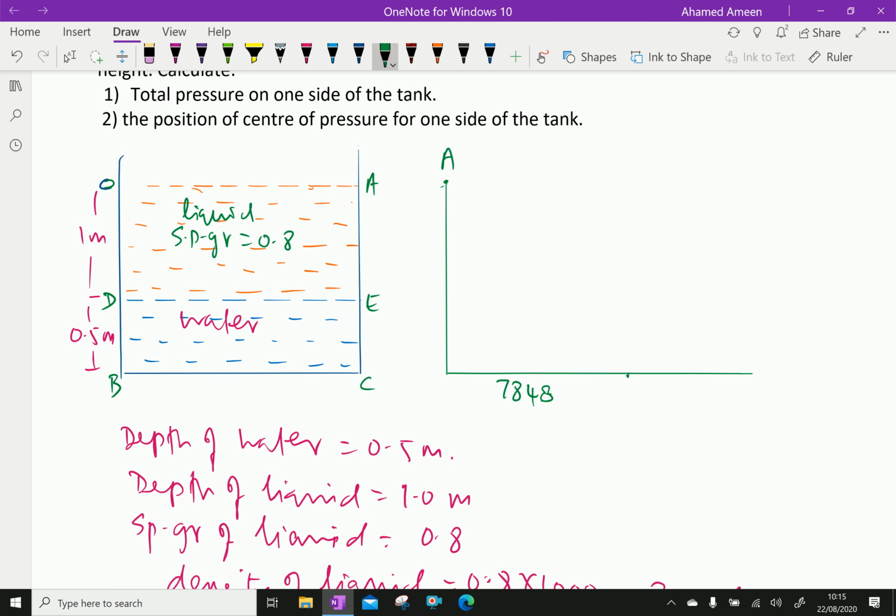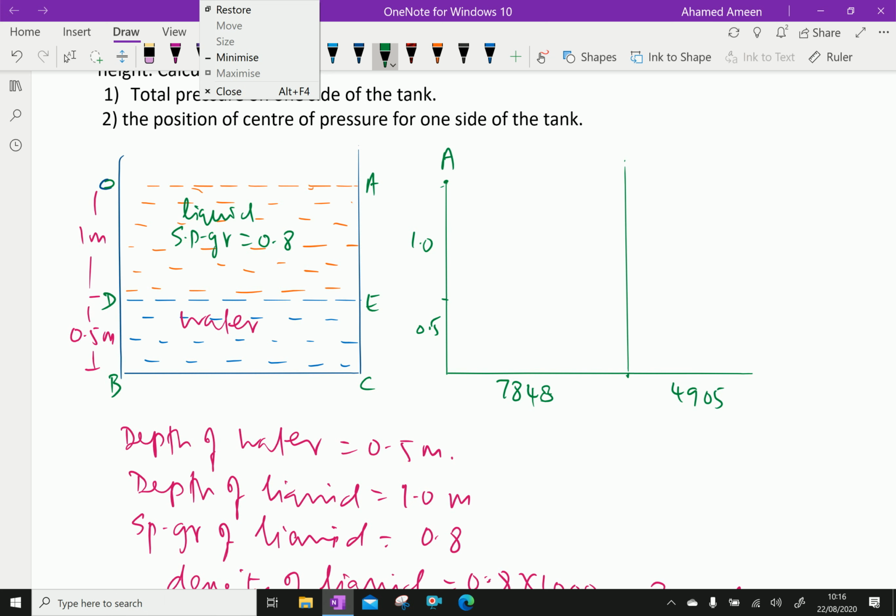Then this is 4905. And here we put this one is 0.5, this is 1.0.